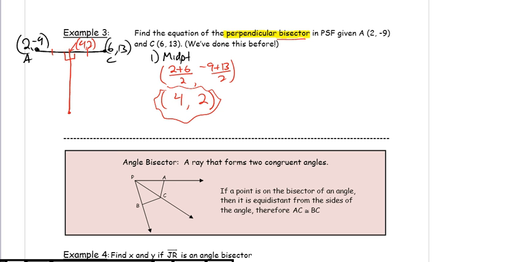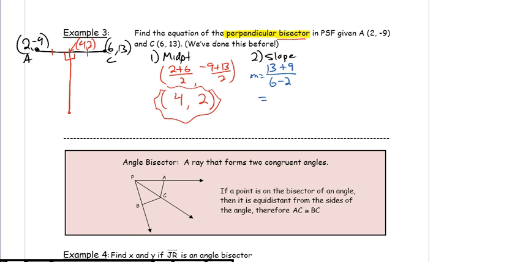Now that's the bisecting part. We need to figure out what the perpendicular slope is going to be. So we need to figure out the original slope first. We're going to use the slope formula, hopefully we remember. We have 13 minus a -9, which is going to make it plus 9, because it's minus a negative. And then we have 6 minus 2.